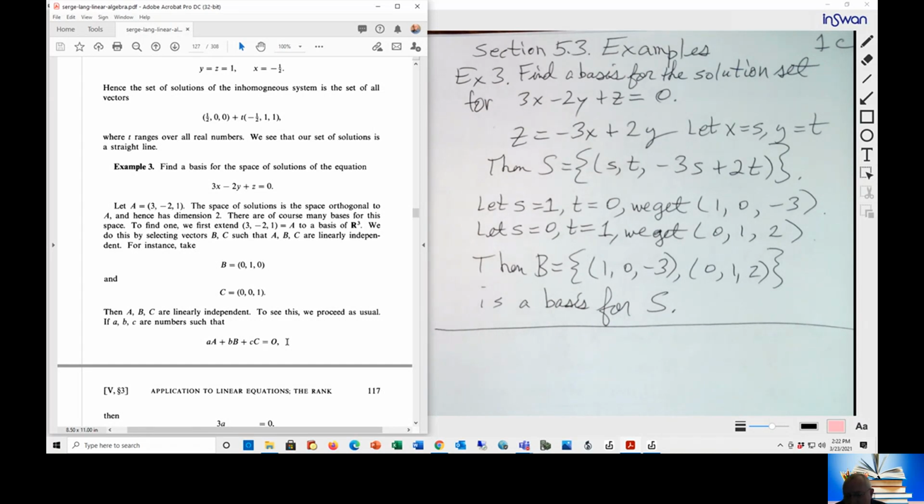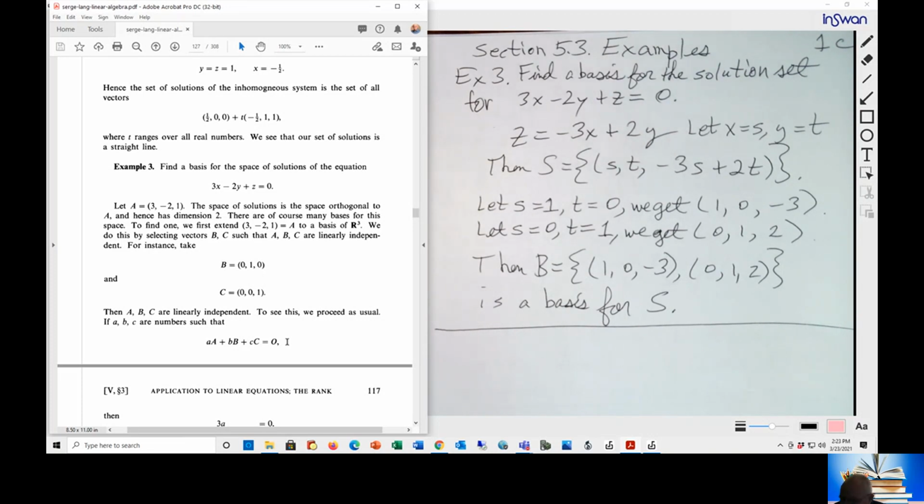In the first case, we get the vector 1, 0, negative 3. Second, we get the vector 0, 1, 2. That means those two vectors, namely 1, 0, negative 3, and 0, 1, 2, form a basis for the solution set. Certainly, it's not the only one.